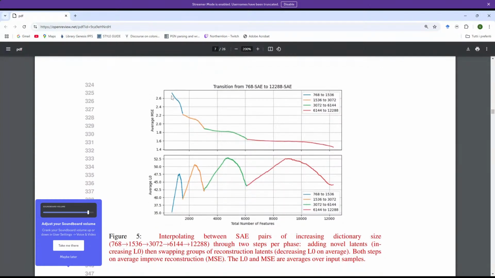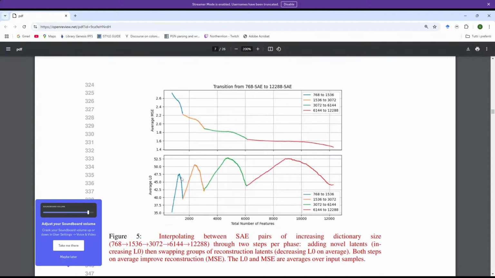So what they do is that here, this is the mean squared error of a 768 latent SAE with L0 of around 35, and they start adding the novel latents, meaning the latents that the SAE didn't take into account before, the ones that have low cosine similarity.